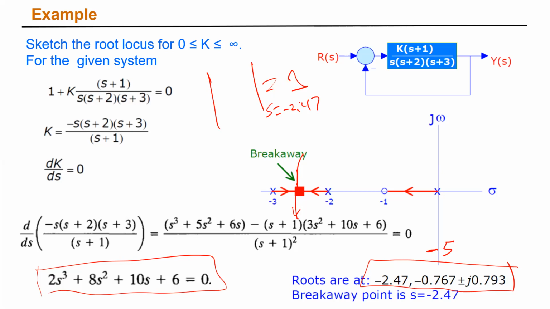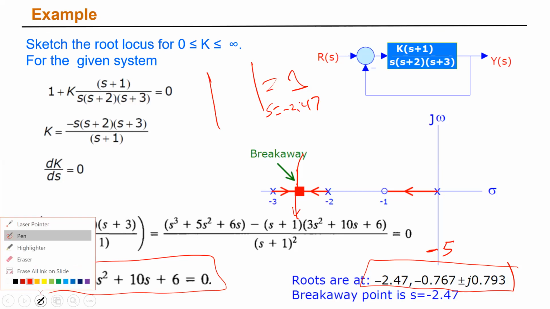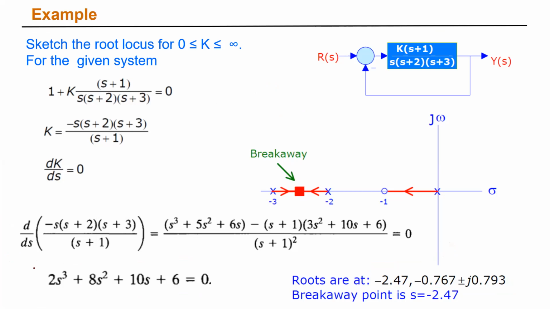Look, there is a certain situation. Suppose I have this system: one pole here, one pole here, one zero here, and one zero here. What do you think the locus will look like?